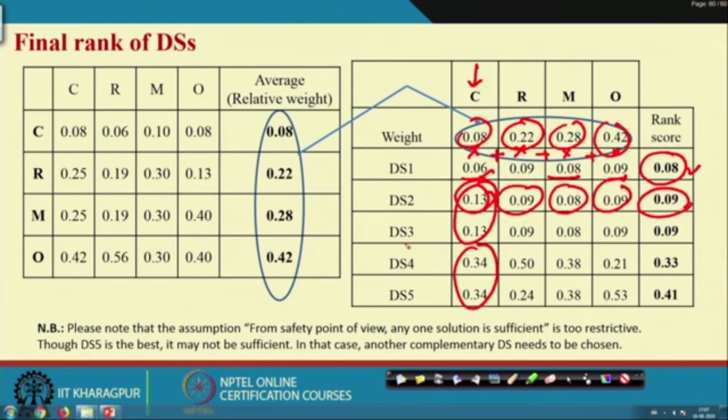Again for DS3, as these values are the same, the score is also the same. For DS4, that is 0.34 into 0.08, 0.22 into 0.50, 0.28 into 0.38, 0.42 into 0.21, this is 0.33. In this manner DS5 is 0.41. So, which one is the best? DS5 is the best as per this calculation.